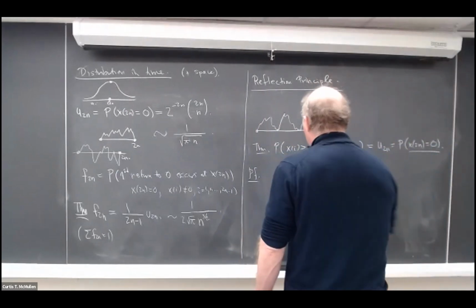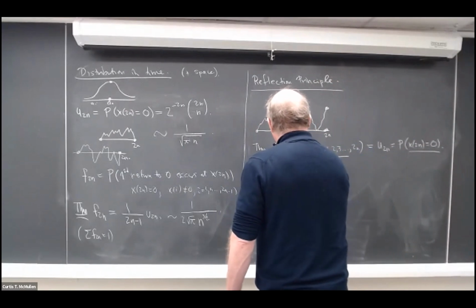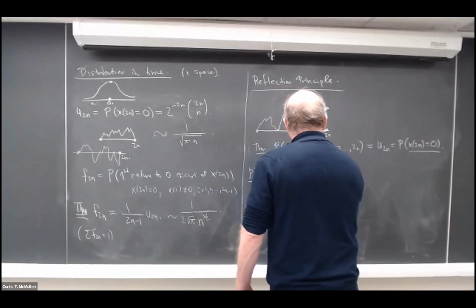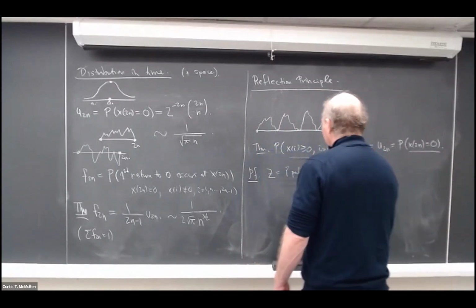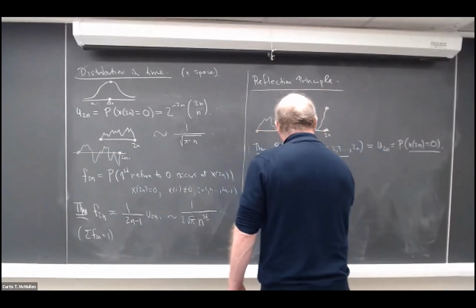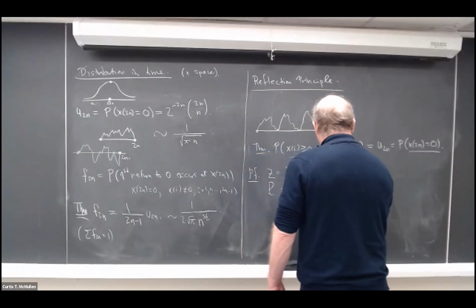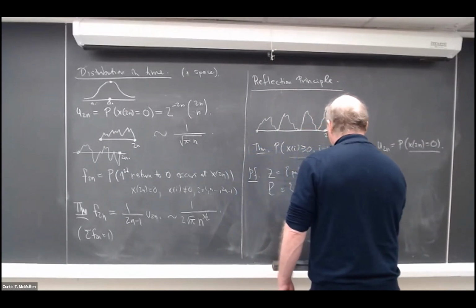Okay, so let me say Z is the set of paths with X_{2n} equal to 0, and P is the set of paths with X_i greater than or equal to 0.